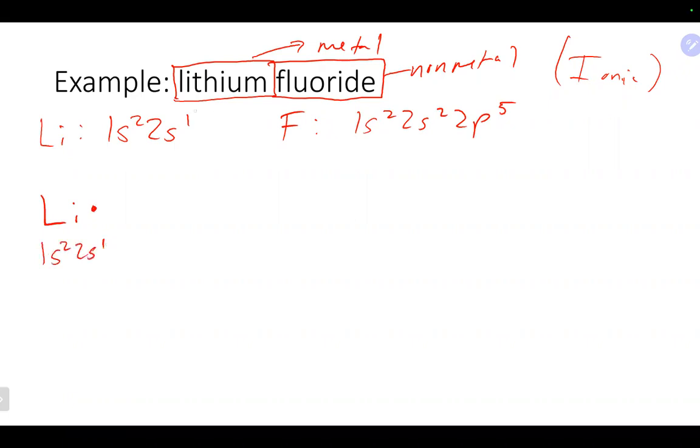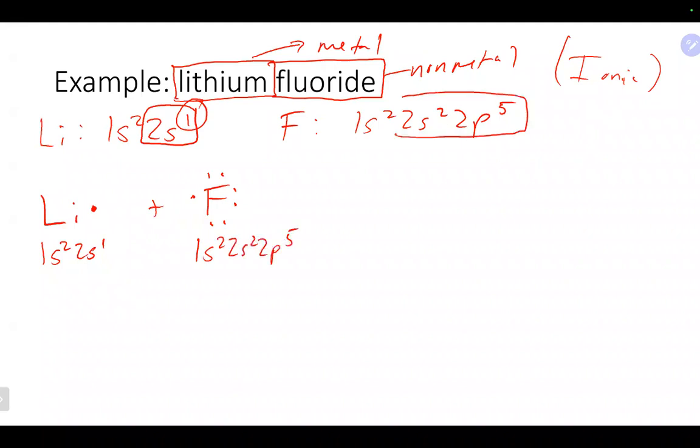That is the 1 valence electron we're talking about. Fluorine has 7 valence electrons, because it is group 7, with the configuration 1s2, 2s2, 2p5. The 2 and 5 make the 7.